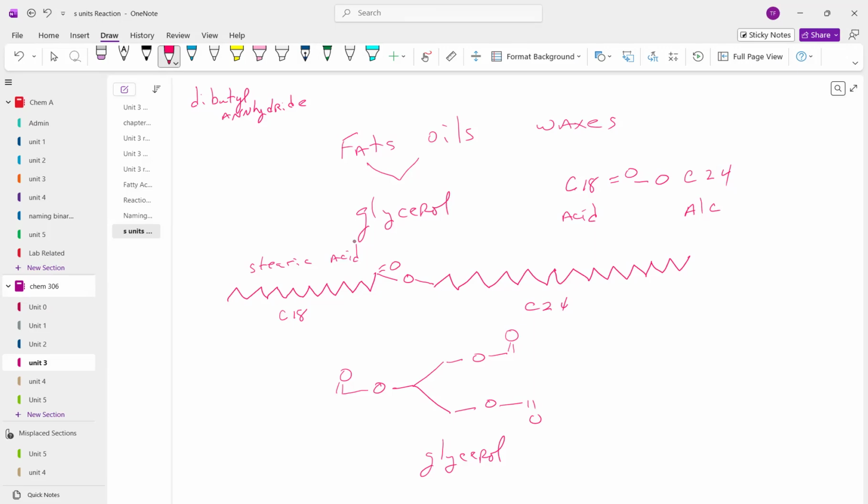It can be a mixture or it can be all the same. Mostly it's a mixture. The only way you'd get a pure trioleate, for example, is a triglyceride with 3 oleic acids. Usually they're a mix though.